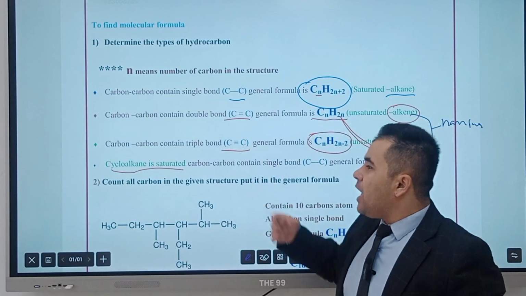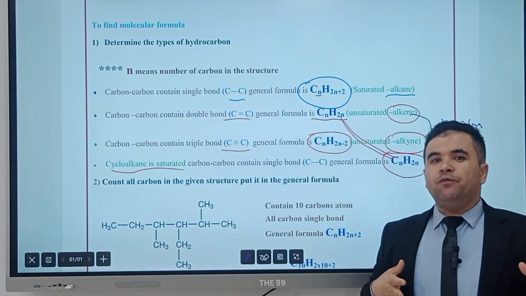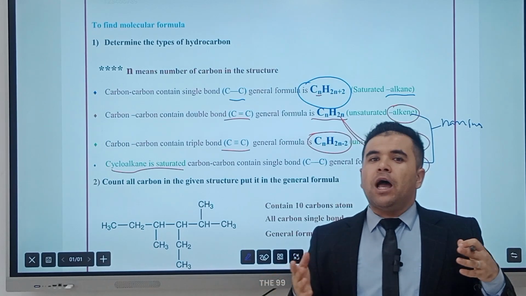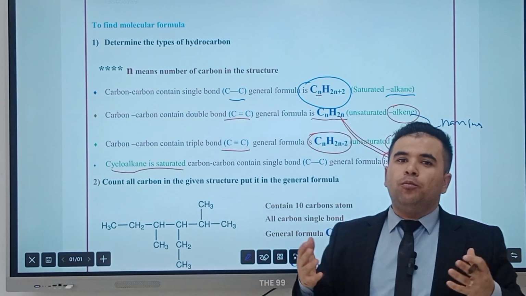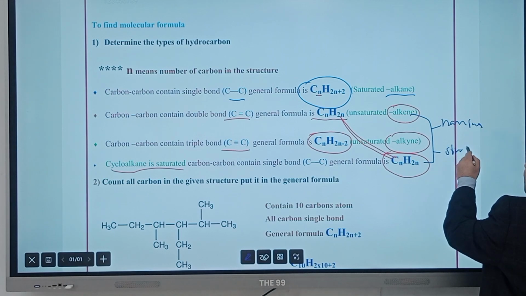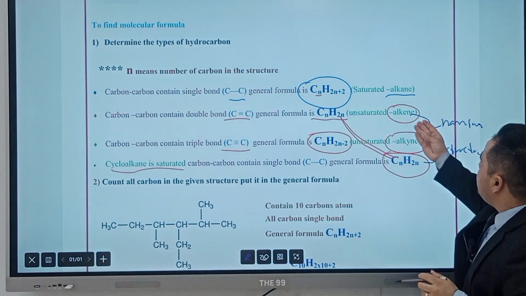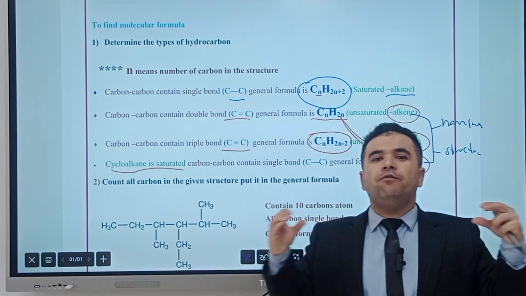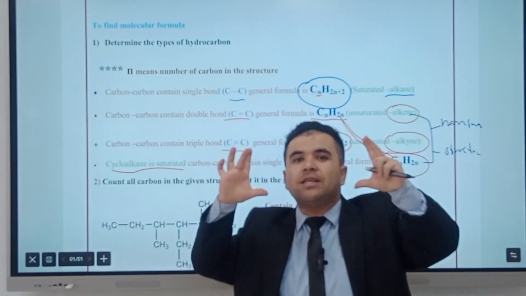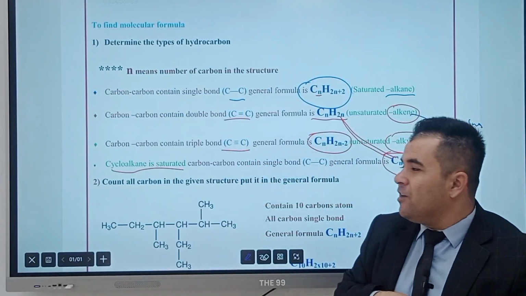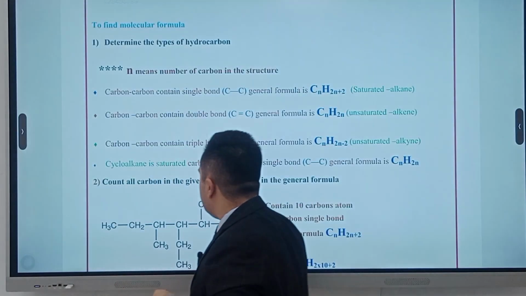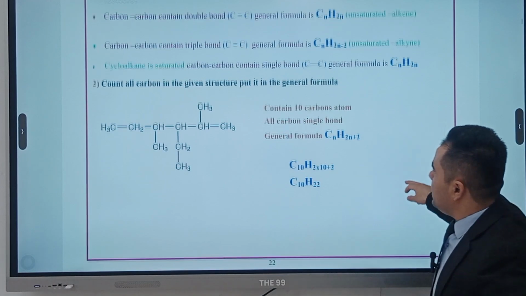But the naming of the cycloalkane has the prefix cyclo: cyclopropane, cyclohexane, cyclobutane. Second, the structure. The alkene is written in chain form and has a double bond, but the cycloalkane is in cyclic form with single bonds. That's the difference between cycloalkanes and alkenes.